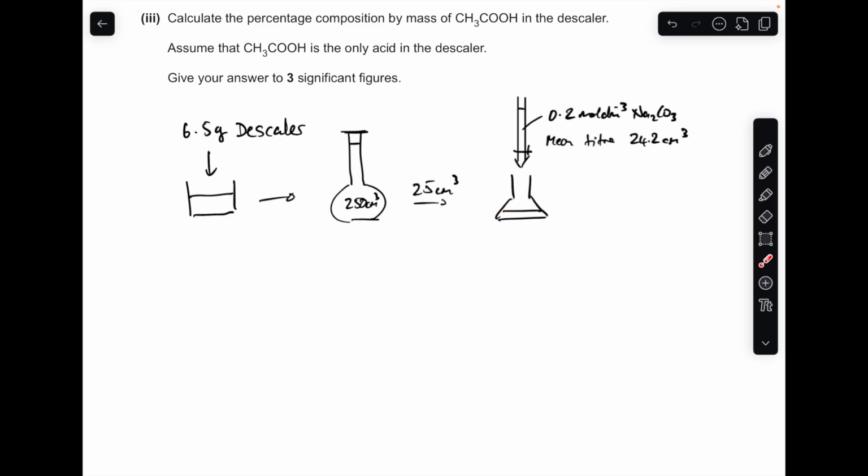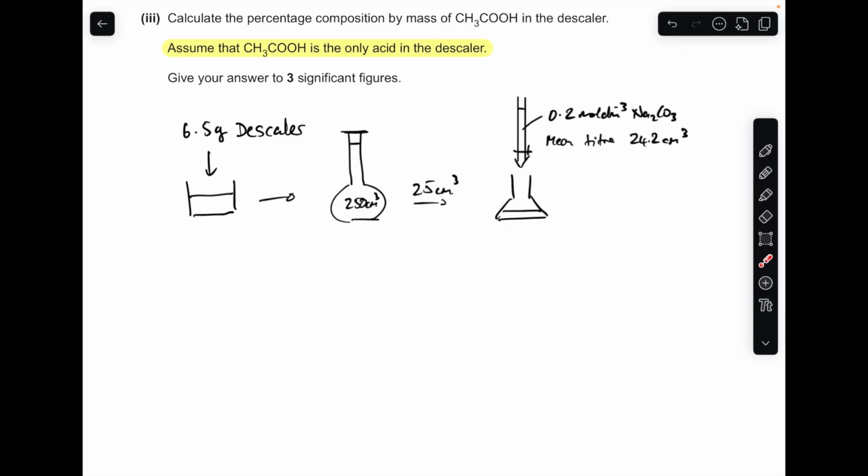It's gone into a conical flask and they've titrated it with 0.2 moles per decimeter cubed sodium carbonate solution, and we've just calculated the mean titer at 24.2 centimeters cubed. And I just want to stress this line here: assume that ethanoic acid is the only acid in the descaler.